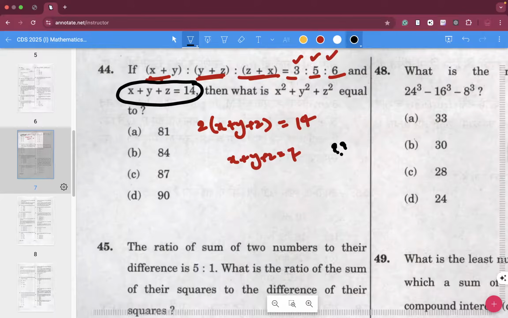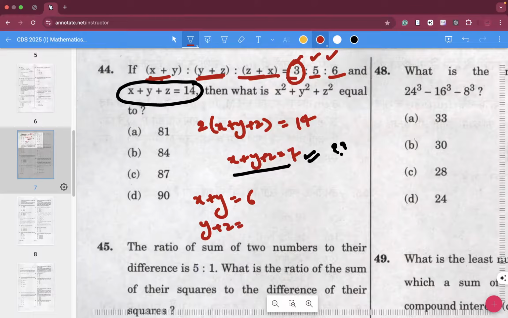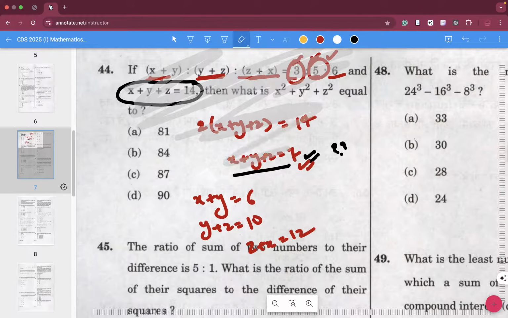We are getting x plus y plus z is equal to 7, which means x plus y value is not 3, it is 6, and y plus z value is not 5, it is 10, just 2 times of this, and z plus x value is not 6, it is 12. So now you got the values.